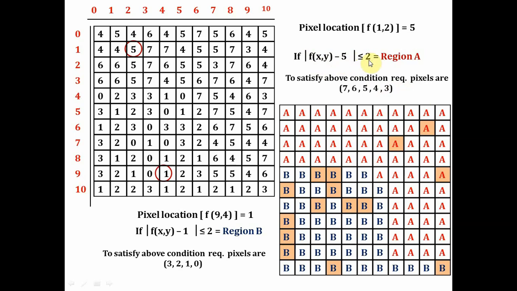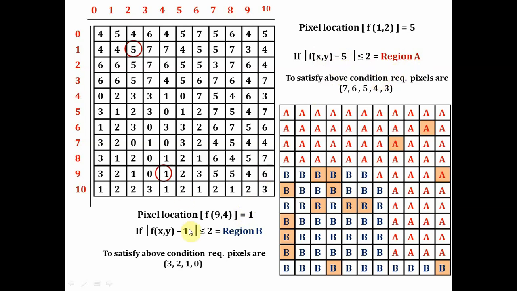You won't be able to include your 2 intensity value in region A. Similarly for 1, 1 minus 5 will be minus 4, that will be 4, which is greater than 2. Similarly 0 minus 5 will be minus 5, that will be 5, which is greater than 2. So for 1, 0 and 2, you cannot include them in region A.